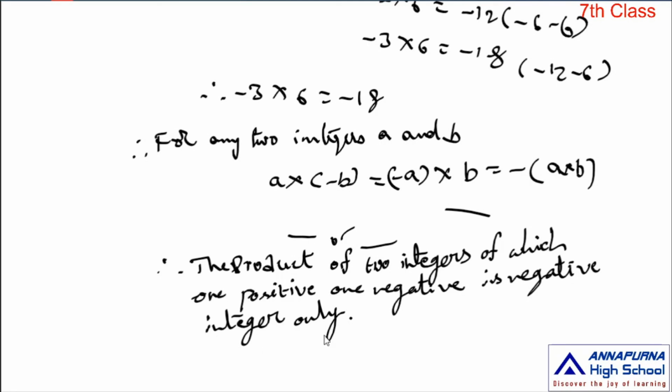So this is the multiplication of a positive integer by a negative integer and a negative integer by a positive integer. Now we will continue in the next video, multiplication of two integers and more than two integers. Okay, bye.